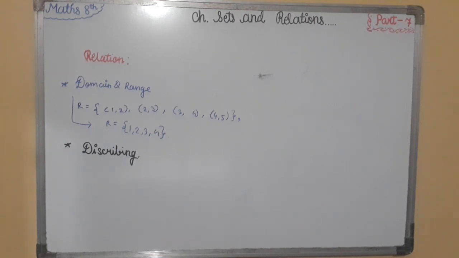In this method, the property connecting the first coordinate and the second coordinate of every ordered pair of the relation is stated. Third, the most important ones onwards are arrow diagrams, tree diagrams and graphs.